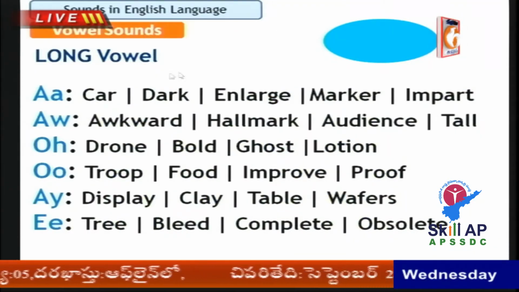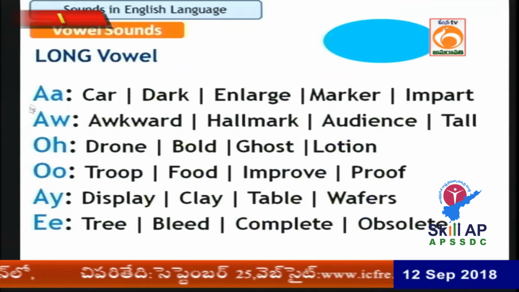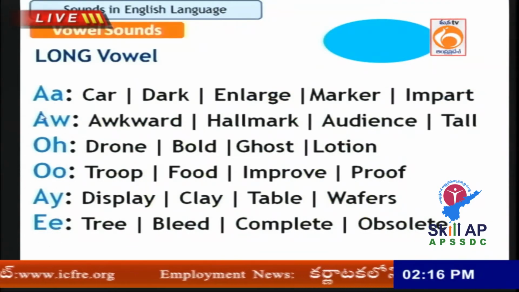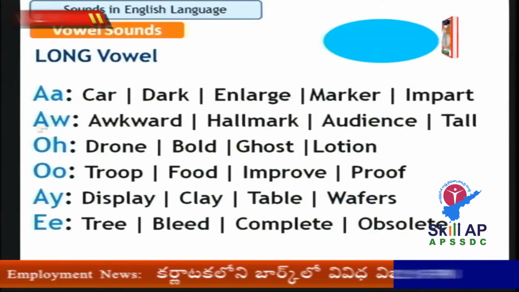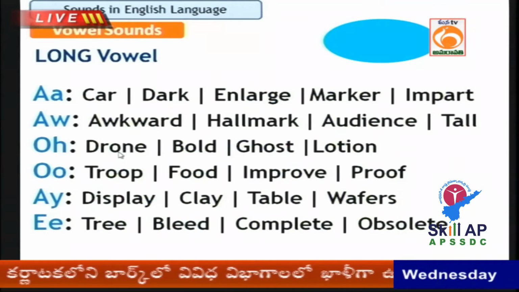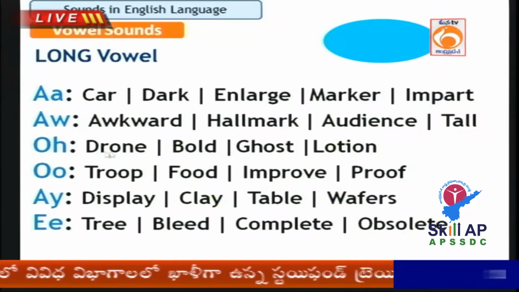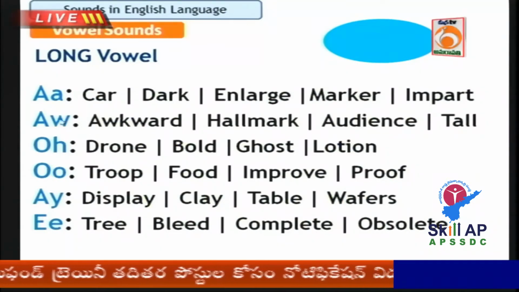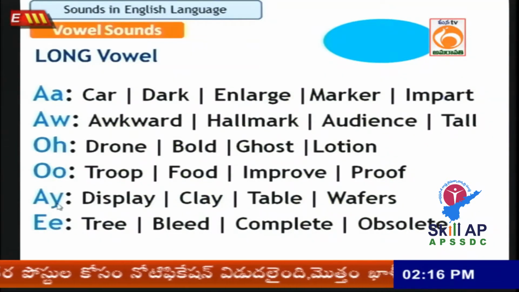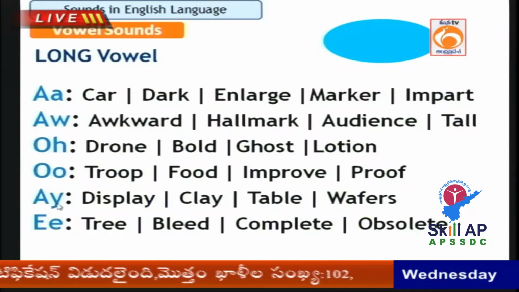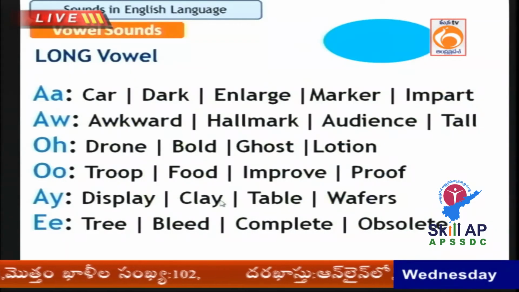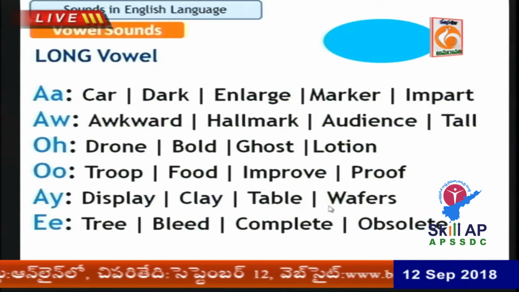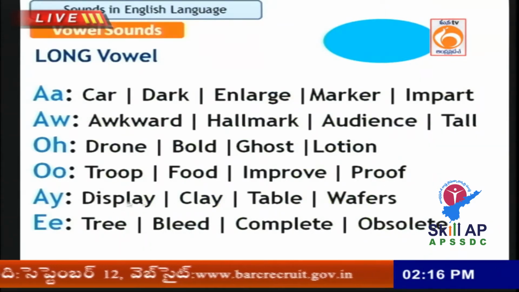Now what you need to pay attention to is not the spelling. Don't look at the spelling. You may not have exactly the same spelling. For example, drone doesn't have the letter O by itself, but the O sound exists here. So this denotes the sound. A, for example, display, clay, table. Display and clay have AY, but table and wafers don't have Y, but still we have the A sound.